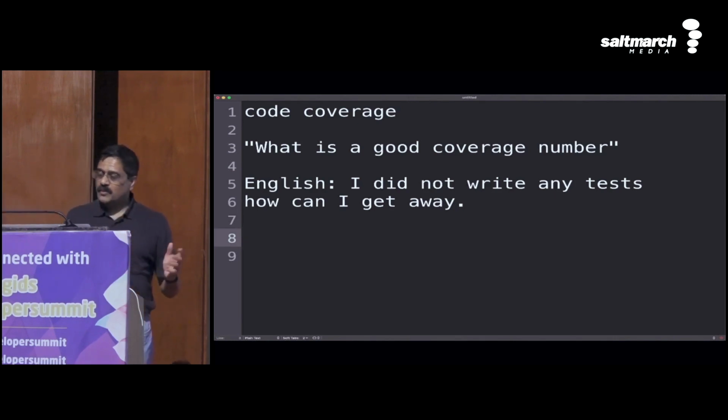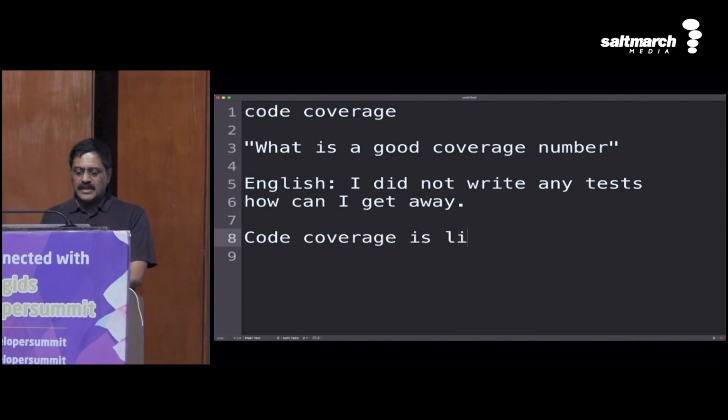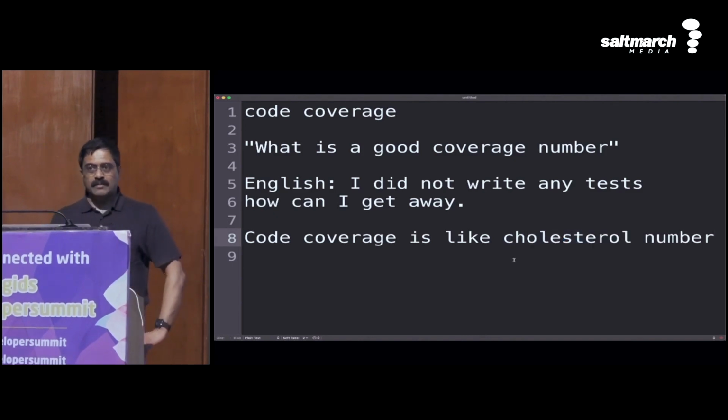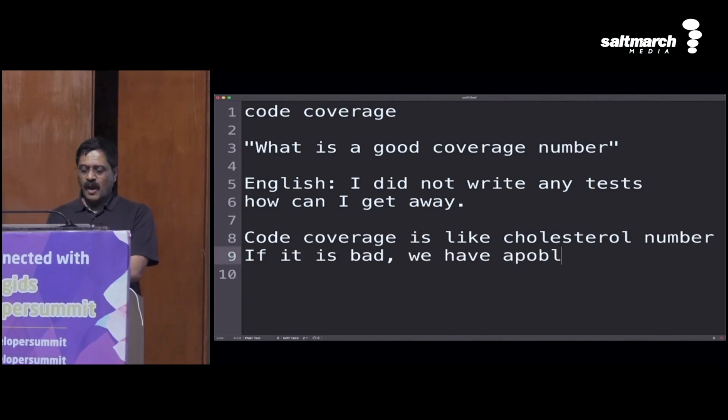That is so true. I often say that code coverage is like a cholesterol number. So what do I mean by that? If it is bad, we have a problem, right?